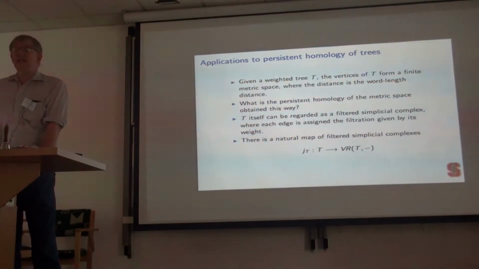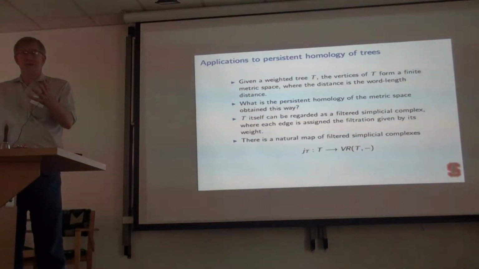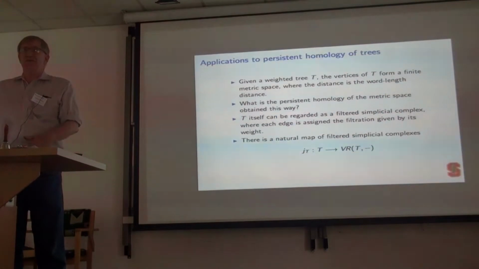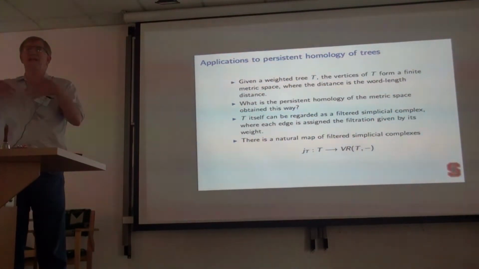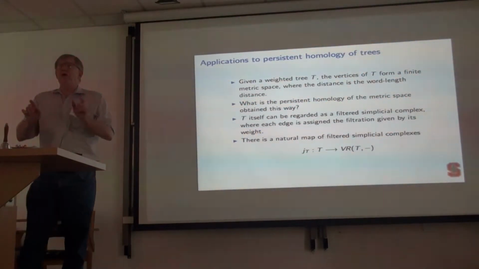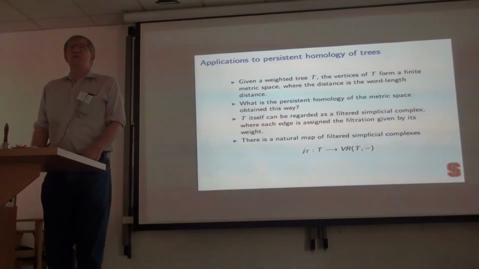Again, T is a one-dimensional simplicial complex with no loops. On the other hand, the thing on the right is some huge complex which has lots of cycles in it.